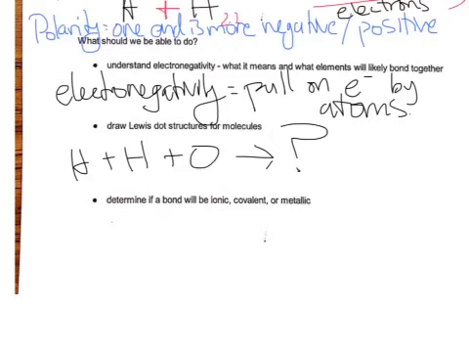Draw Lewis dot structures. For example, the Lewis dot structure for H2O, water, would be: we have 1, 2, 3, 4, 5, 6 valence electrons for oxygen, and 1 for hydrogen, and 1 for hydrogen. These two are shared between the oxygen and hydrogen, so 2 electrons make a bond.